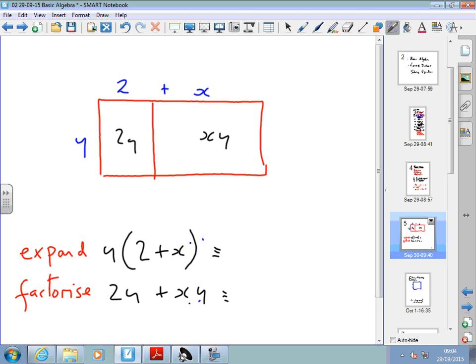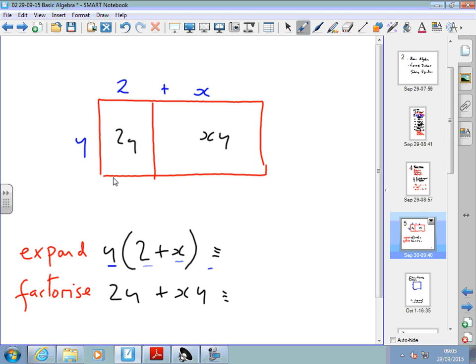Now, these words help us to see how we can show that they're the same. If I expand this out, and that's something we do often in algebra, if I say to expand this expression, it's likely to have a bracket in it. And what I mean by that is multiply out the bracket. That means multiplying everything inside the bracket, all the terms inside the bracket, however many they are, by what's outside the bracket.